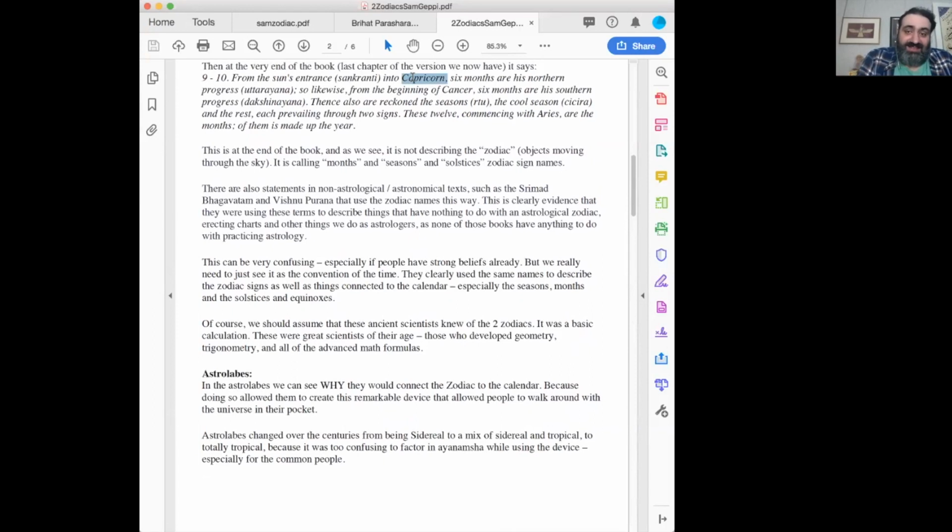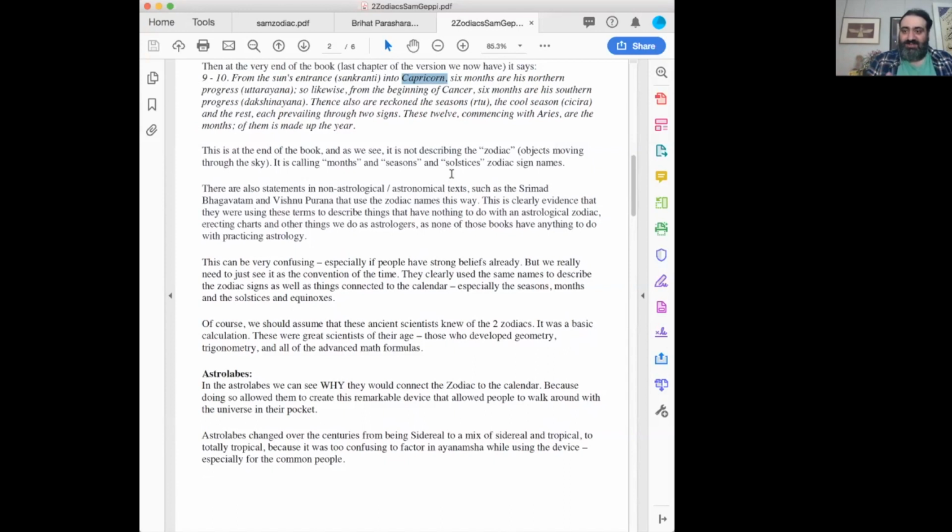Yes, it's also another area of confusion, because if we take the Uttarayana and Dakshinayana, as I described in the first part, as a movement of the sun from the solstices, from zero Capricorn to zero Cancer, and from zero Cancer to zero Capricorn, then we should define the Makar Sankranti accordingly.